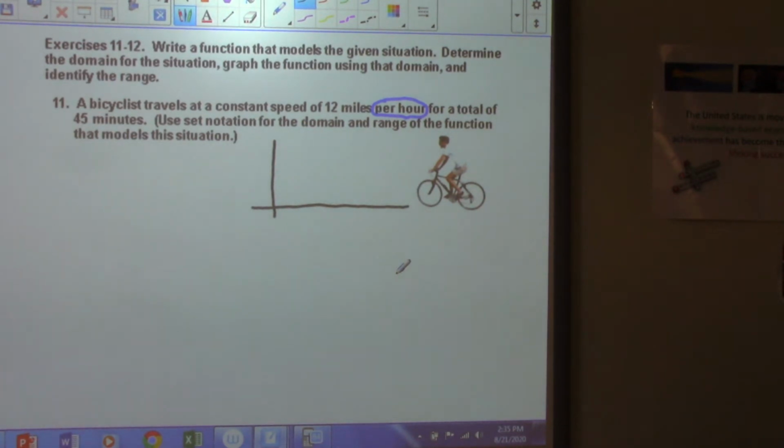It is very helpful to understand that when you have a relationship between time, and there's time involved here, 45 minutes, and another variable, in this case distance, usually time goes along the horizontal axis. So we'll call this down here time, equals minutes, right?